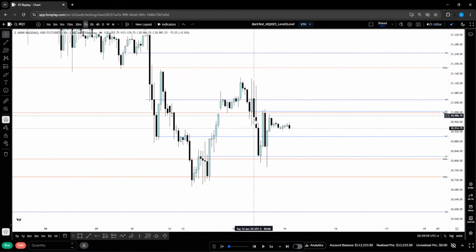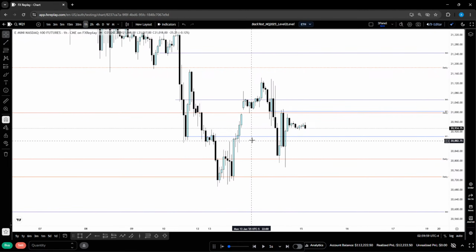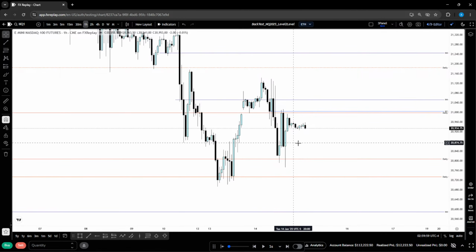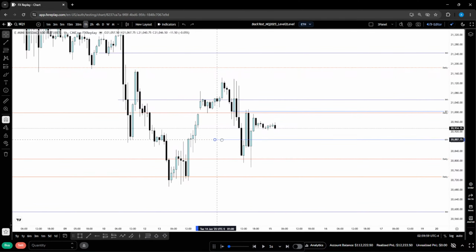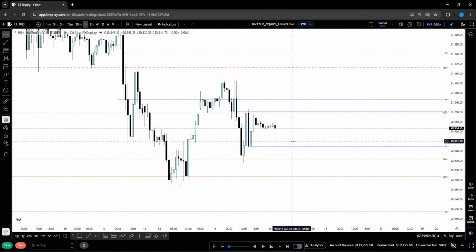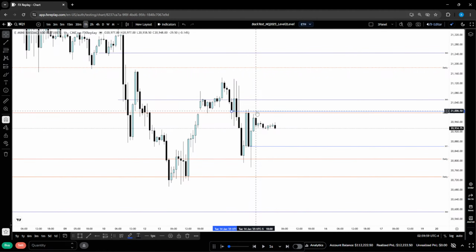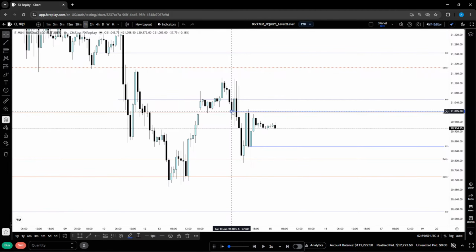So yesterday we went down to these hourly levels, and also we don't need this hourly level, the daily levels. We don't need this area either, but we can just mark it.